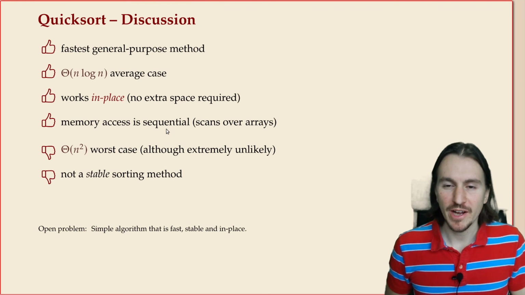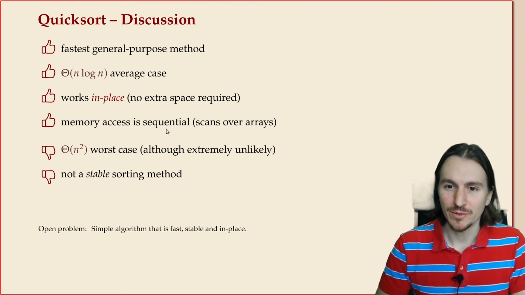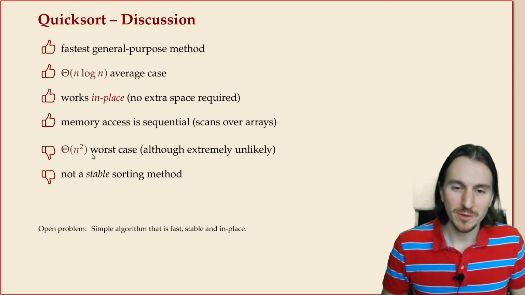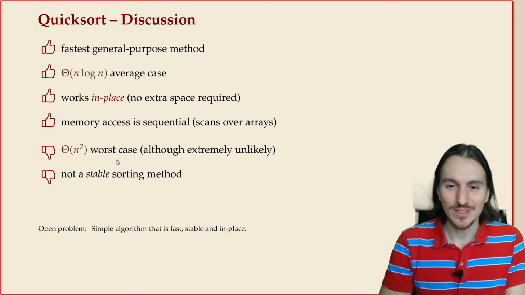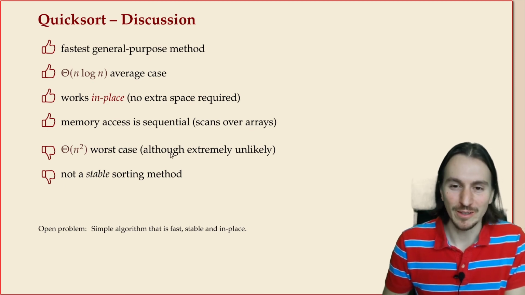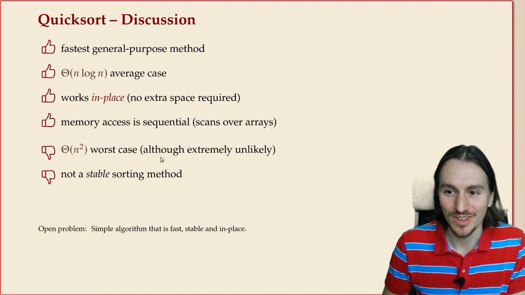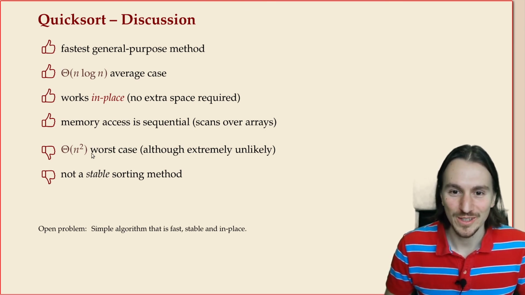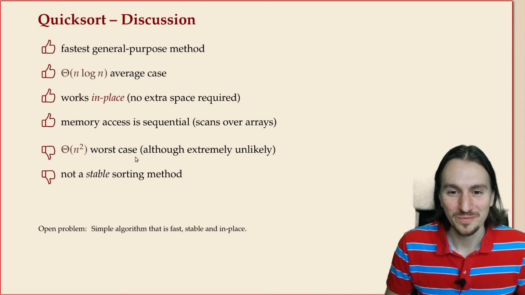Like merge sort, memory accesses are sequential, so you don't get into trouble with caches. What's bad about Quicksort is this annoyingly slow worst case, but for practical purposes, it's largely irrelevant. If you do the proper randomization, it's probably more likely that a sun flare destroys your computer than that Quicksort really gives you bad performance.